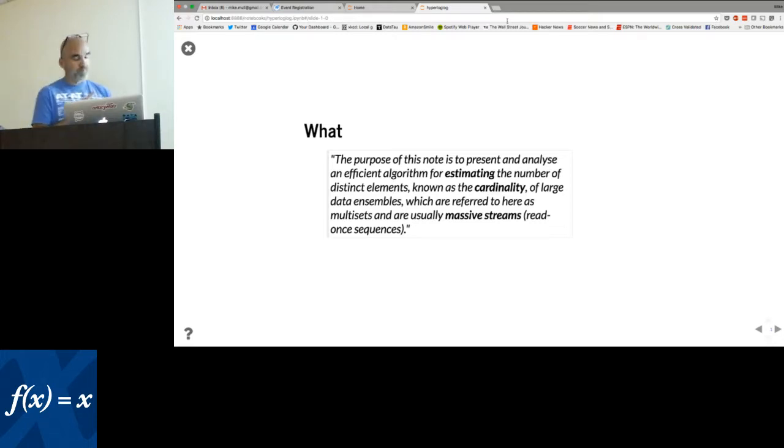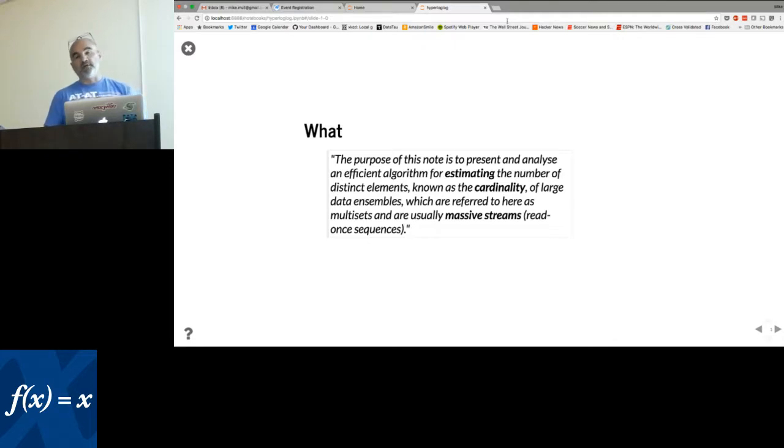The other key point is that it's trying to do this on massive data sets, often streaming data sets where you only get to see the data once, so you can't make any optimizations that would require storing the data and looking at it multiple times.